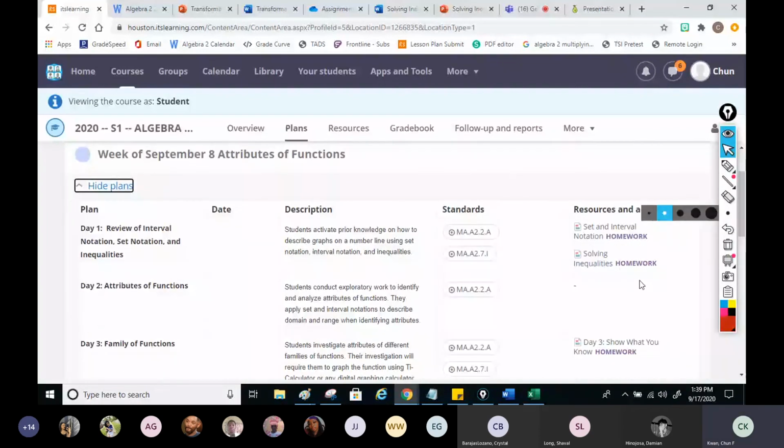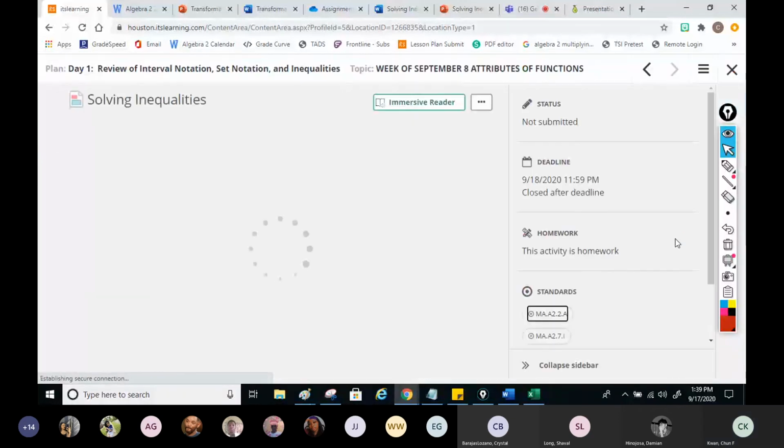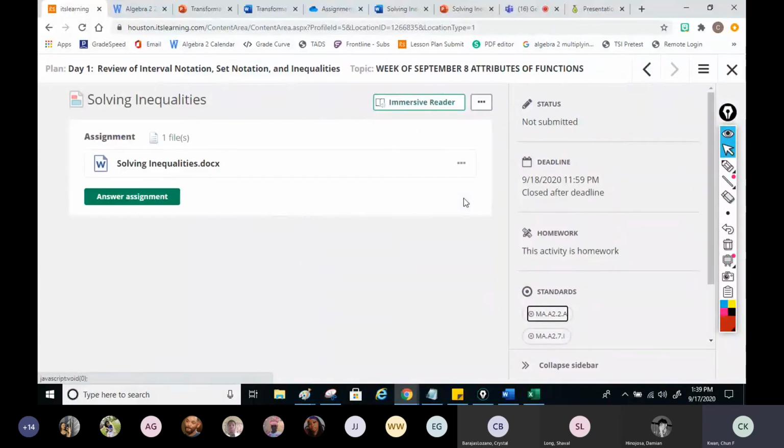And then your homework is solving inequalities. Click that. And then after that, you will click this and then click download. Okay, click download and download it on your laptop so that you can work on it. And then after you're done, make sure you do not send it to my email.